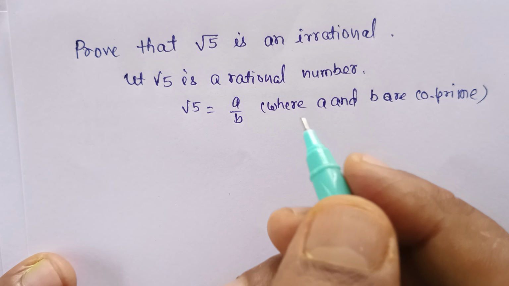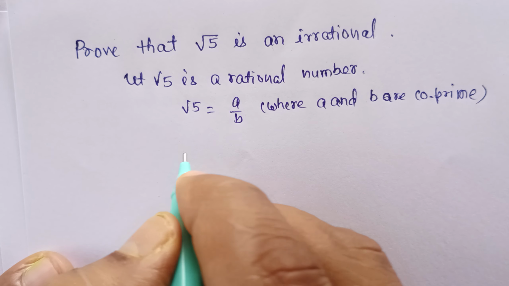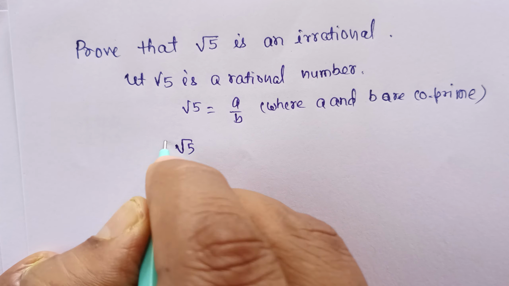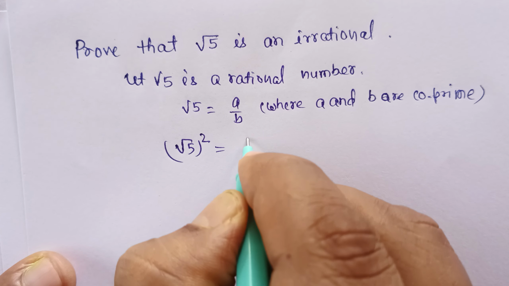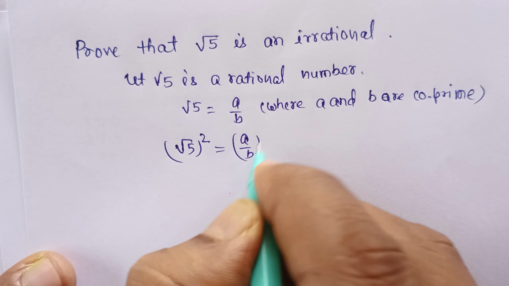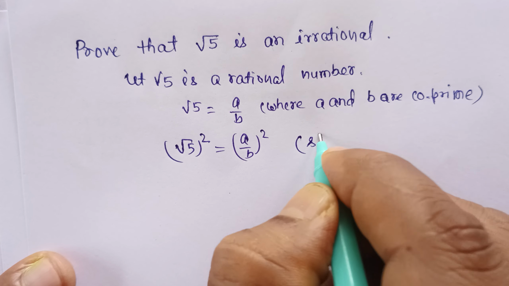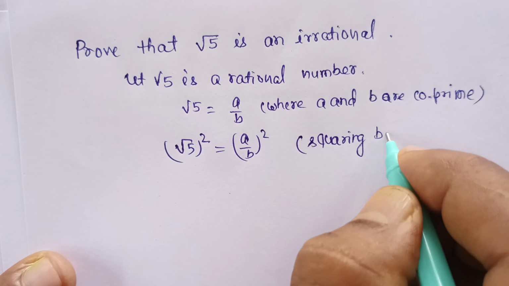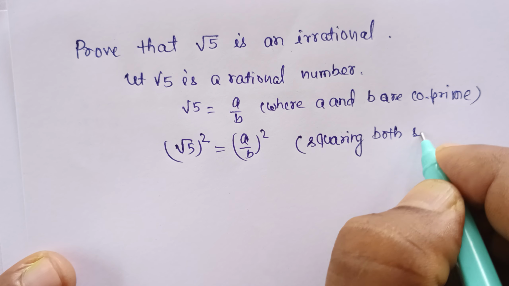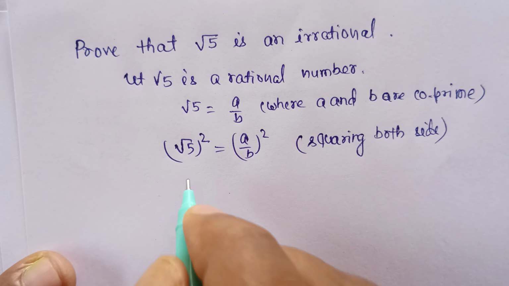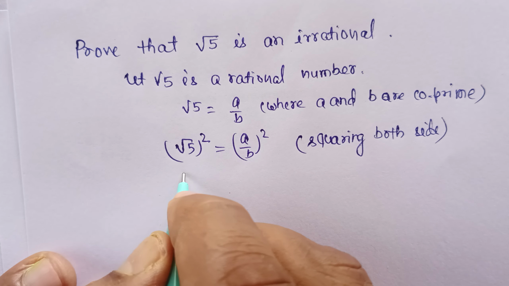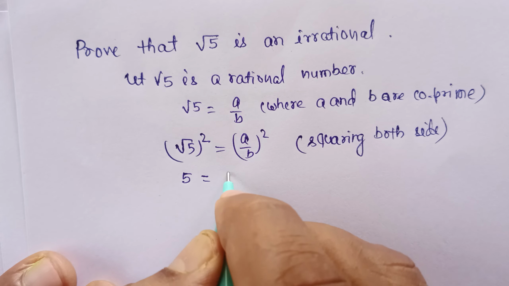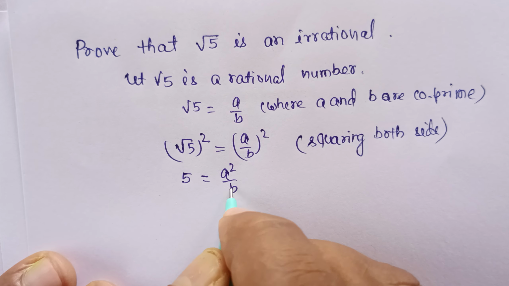Now I am squaring both sides. Root 5 squared is equal to a by b squared. So root 5 into root 5 is 5, and on the other side we have a square and b square.